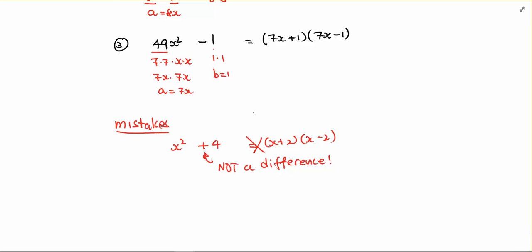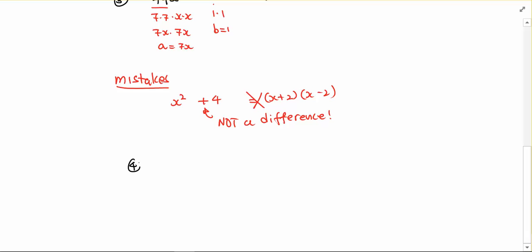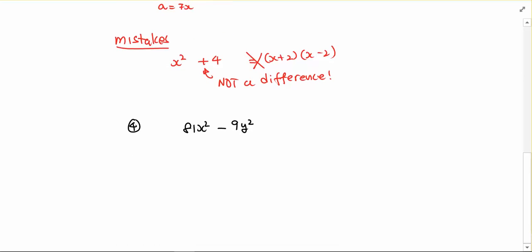Don't forget, when you're factoring these two terms, the fact that there could be a GCF. So consider the problem 81x squared minus 9y squared. In this particular problem, I can take out a 9 and get 9 times (9x squared minus y squared), like so. And now I can look to see if this is a perfect square, and it is.